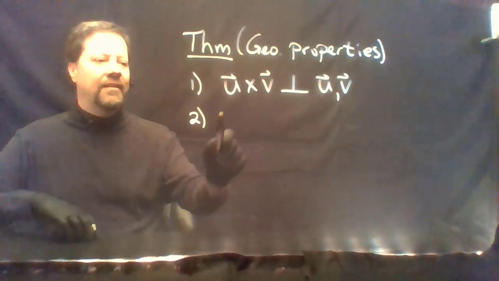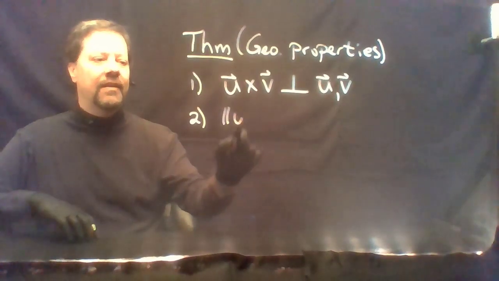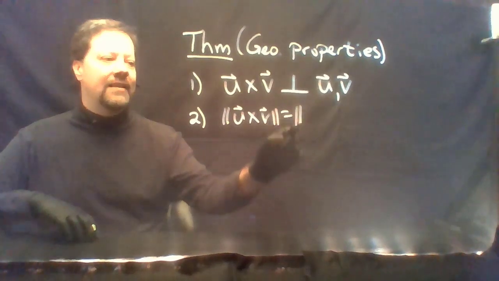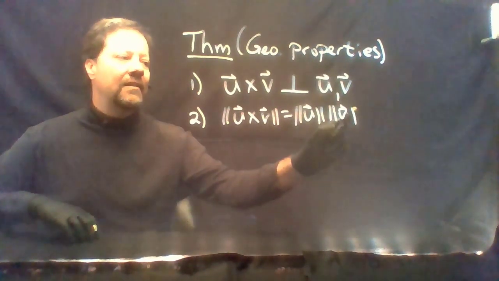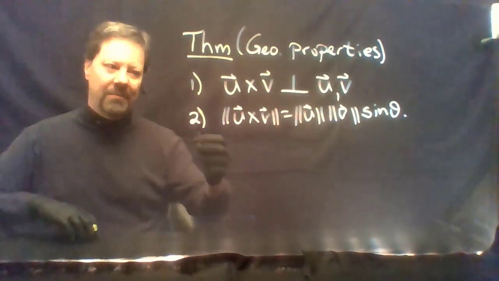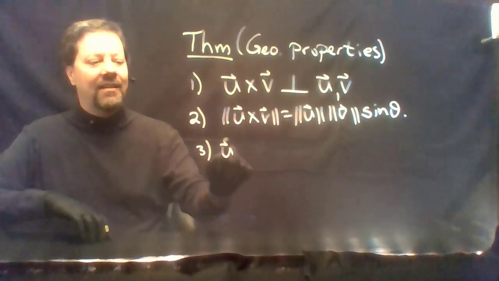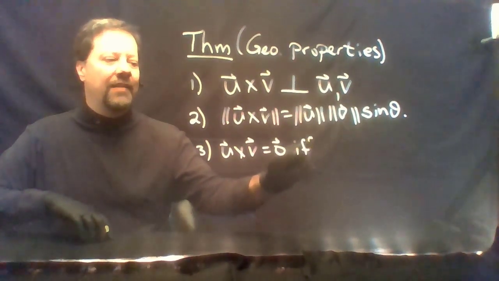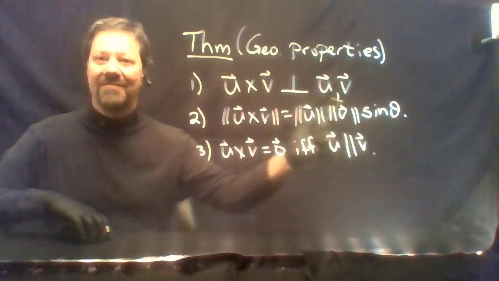Second, if theta is the angle between U and V, then the magnitude of the cross product is equal to the product of the magnitudes of the two vectors U and V times the sine of the angle theta between U and V. Third, U cross V is the zero vector if and only if U and V are parallel.